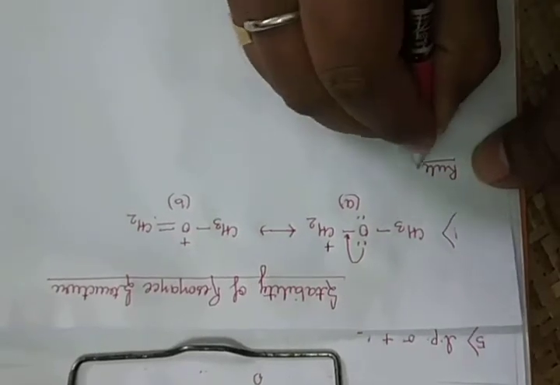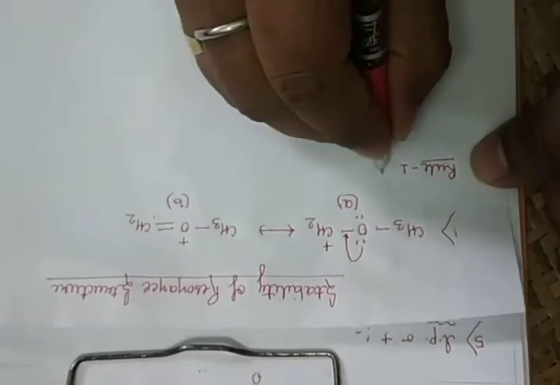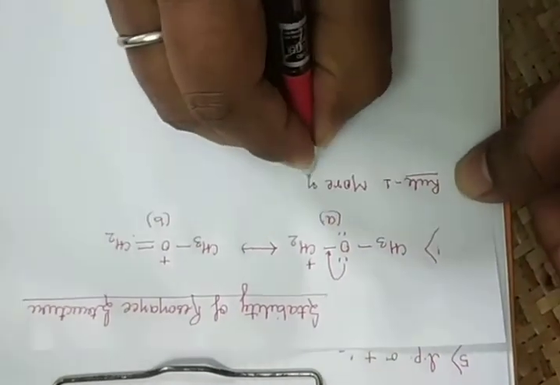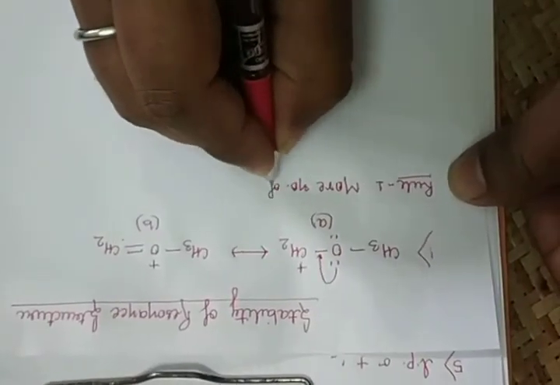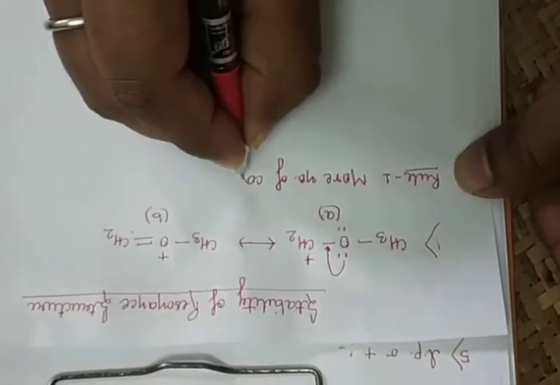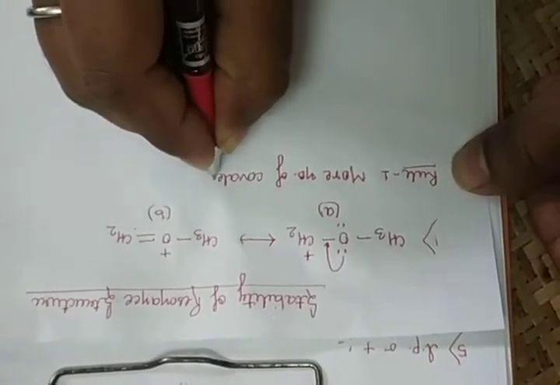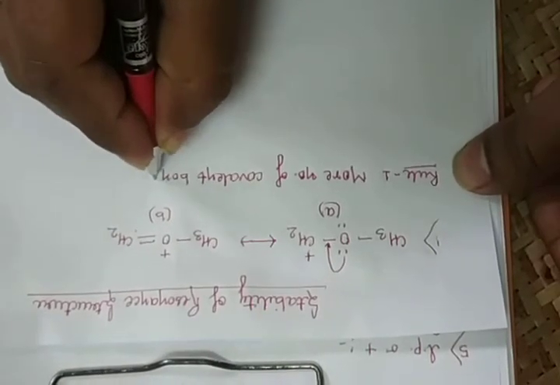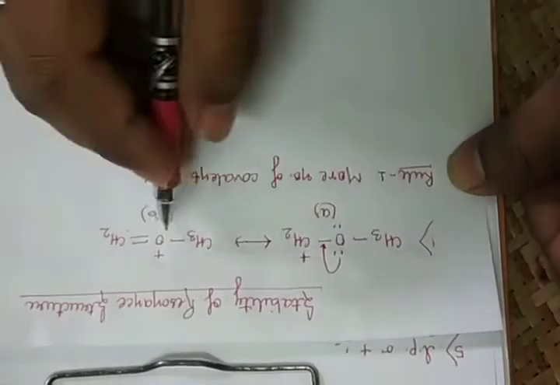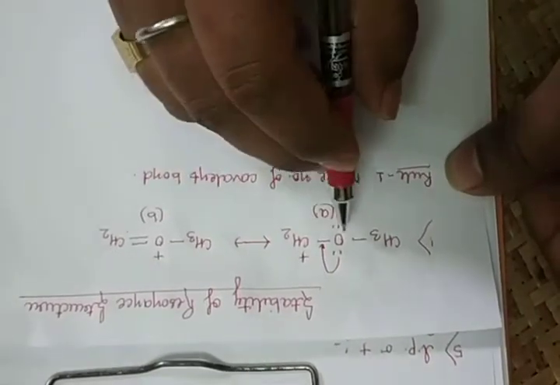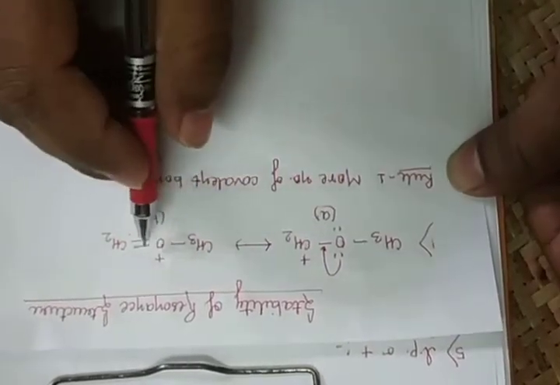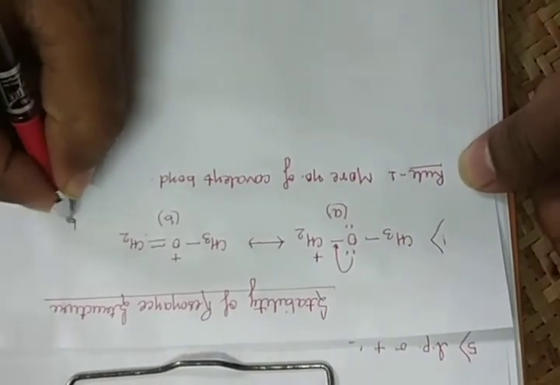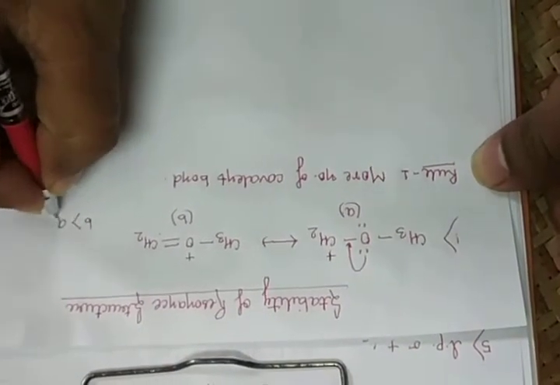The rule number 1 is: more number of covalent bonds. So first you check which of these two structures has more covalent bonds. There are 2 covalent bonds in A and 1, 2, 3 covalent bonds in B. It means compound B is more stable than compound A.